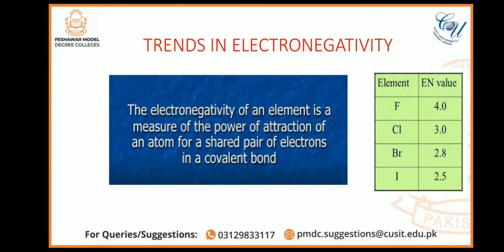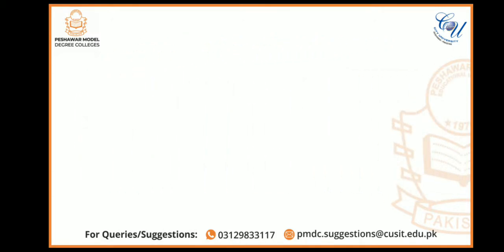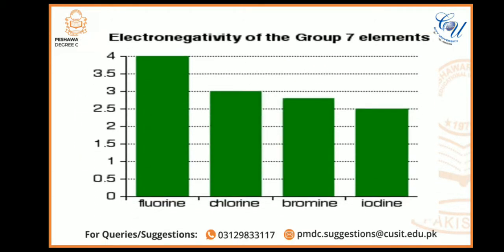Fluorine has the highest electronegativity, that is 4, and iodine has the lowest one, that is 2.5. There is a steady decrease in the electronegativity of the group 7 elements from top to bottom.